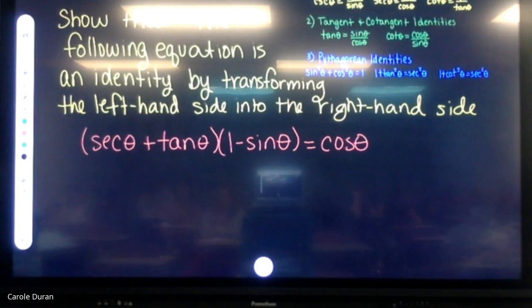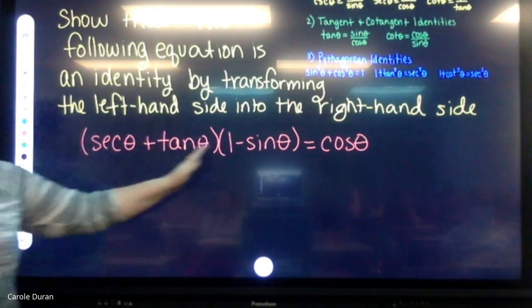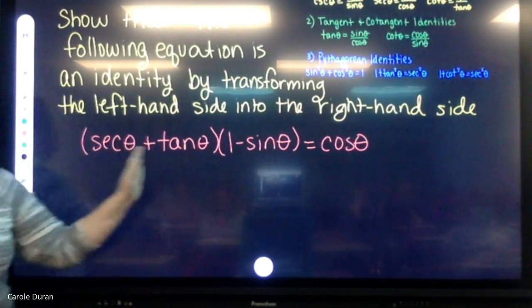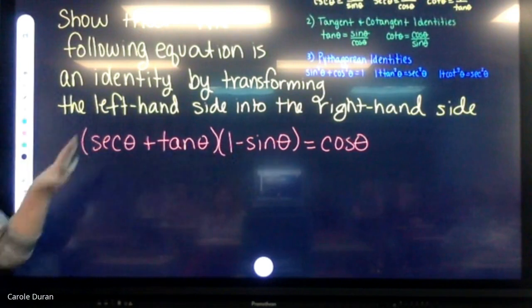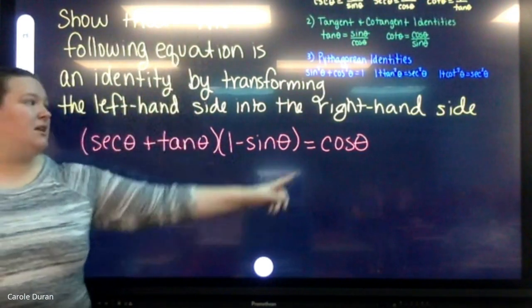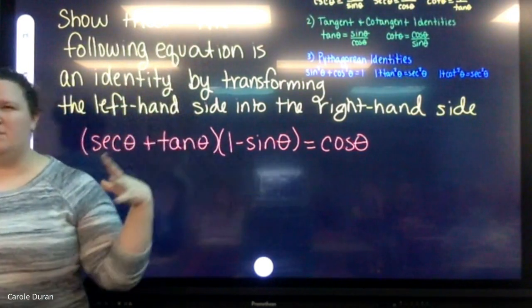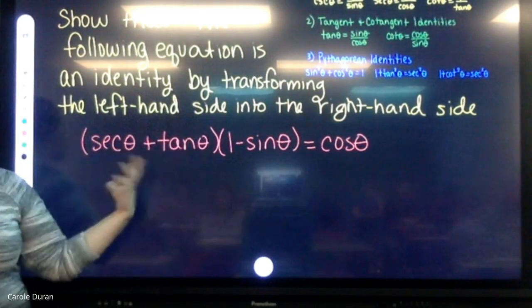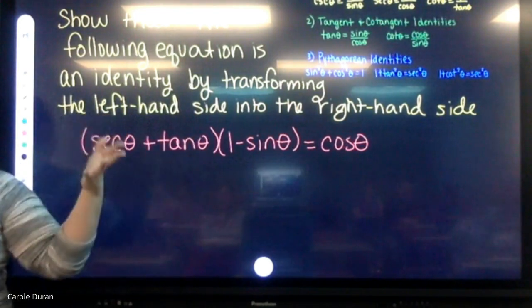I'm going to work with this left-hand side only, and keep simplifying it using all of my identities until it matches that right-hand side. I know that seems impossible, like how in the world is this product going to match that, but it will.